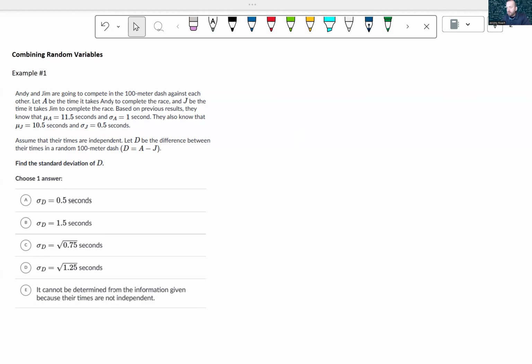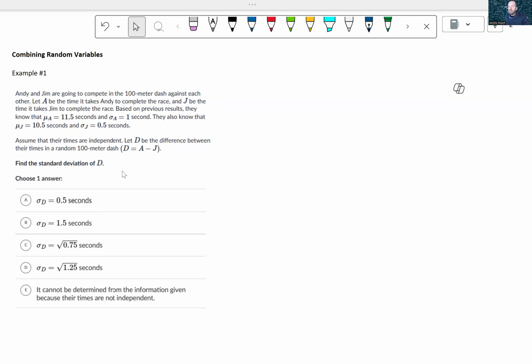And then they give us the mean for Andy is 11 and a half seconds to complete the race with the standard deviation of 1 second. And then they do the same for Jim, 10 and a half seconds as his average, and he has a standard deviation of half of a second. And it wants us to calculate D, which is the difference in their times. And it says find the standard deviation of D.